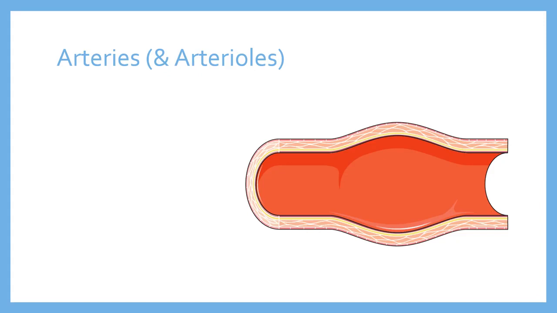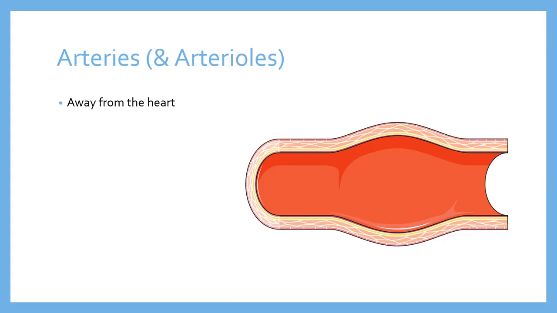But in terms of structure and everything else we're going to talk about, they are essentially the same thing as arteries. They're still carrying blood away from the heart. They're still, for the most part, carrying oxygenated blood, and for the most part, they're structured in the same way. So let's look at arteries and arterioles together.